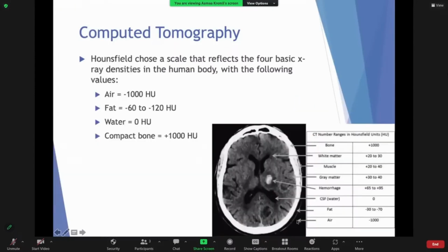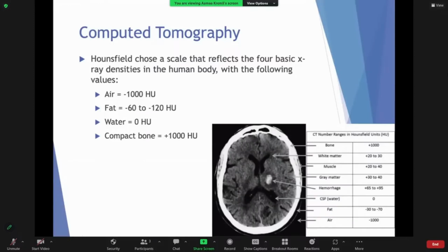And then the fat will be from minus 60 to minus 120. After that, the water, which is CSF fluid, will be 0. And the bone will be positive 1000 Hounsfield units.